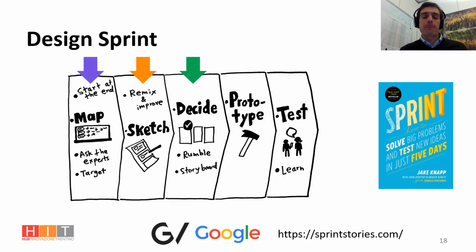And again, the nice thing about the design sprint is that it's really clear what the inputs and the outputs of each of these phases are. If you get the book, each phase is broken down into sub-phases in order to tell you how much time to allocate to a certain task within each of these phases. And basically this really allows you to put design thinking into practice.